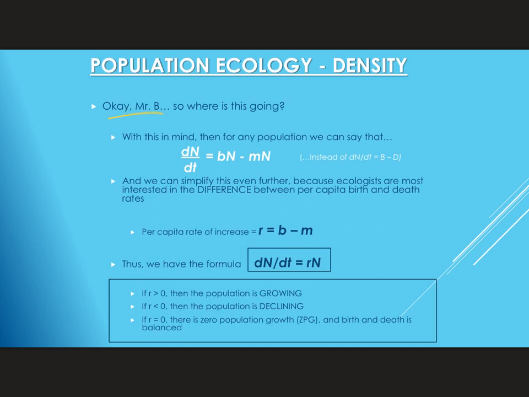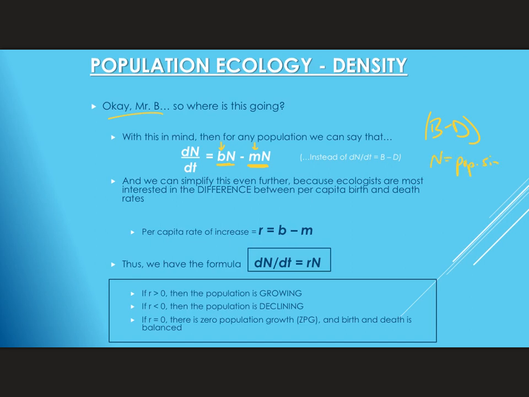So here's what this means. Right, for any population, instead of just saying birth minus death, what we want to say is per capita birth minus per capita death, which means we take this change in births and this change in deaths and apply it to the actual population that we're talking about, right?